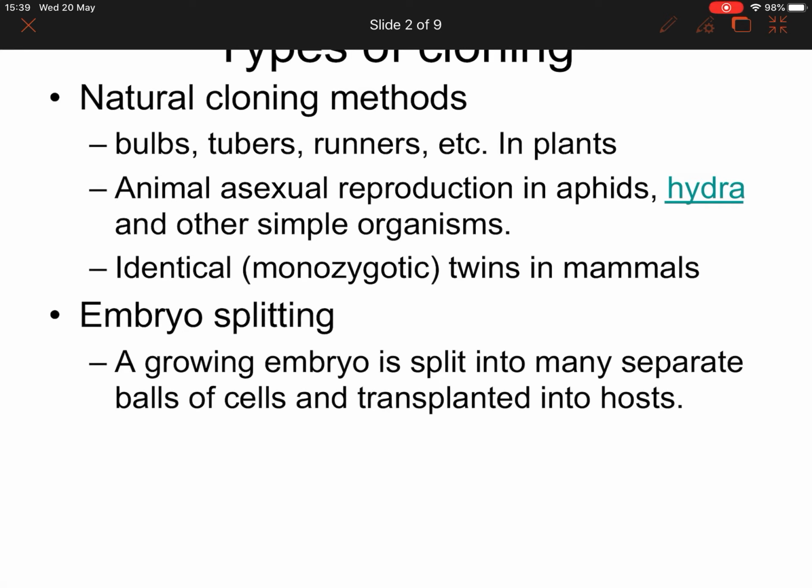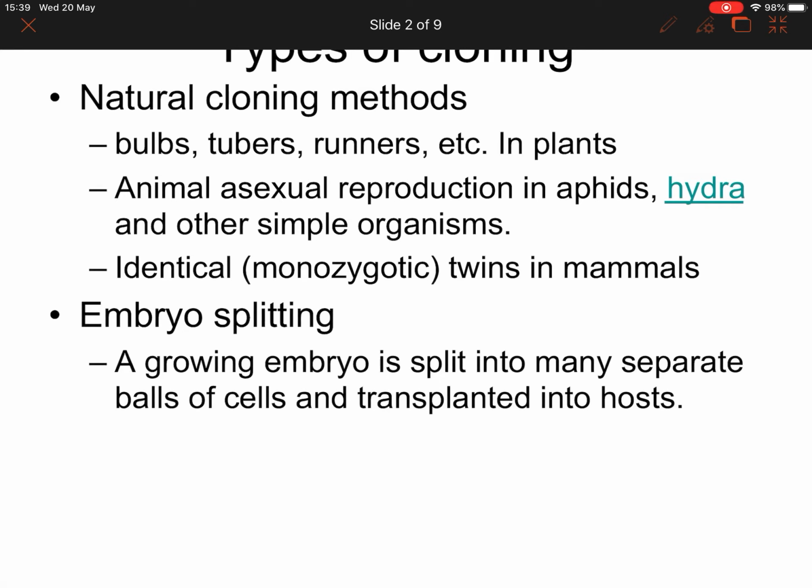They will also extract some semen from a bull, and what they would do is produce the embryos in vitro, and this would mean that they could grow up these embryos, and then once they've grown up into a ball of cells, actually split them into lots of different balls and then implant them into different host mothers, not into the original mother. So this means you can produce lots of offspring from your two best parents. So this is a way of cloning that can be used to produce large quantities of meat and things like this.